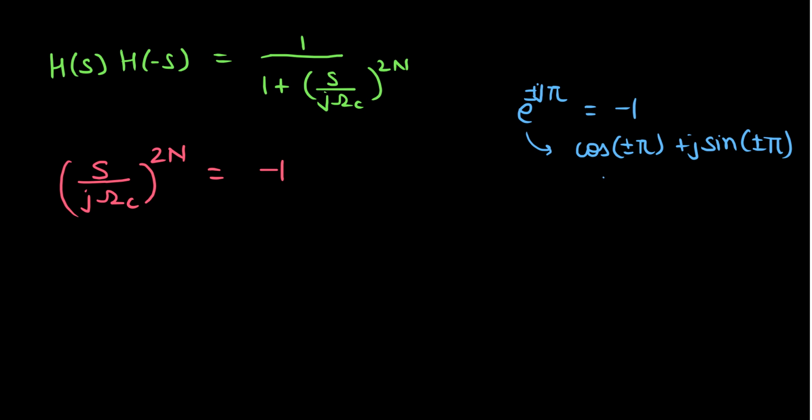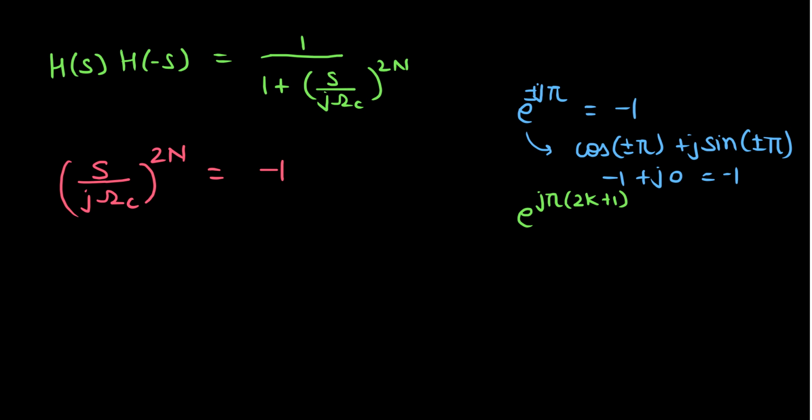So this is equal to minus 1 plus j times 0, which is equal to minus 1. So for simplicity, let us consider it to be equal to e to the power j pi. Moreover, it is not only pi, it is pi, 3 pi, 5 pi, 7 pi and so on, that is odd multiples of pi. So what we have is pi into (2k plus 1).